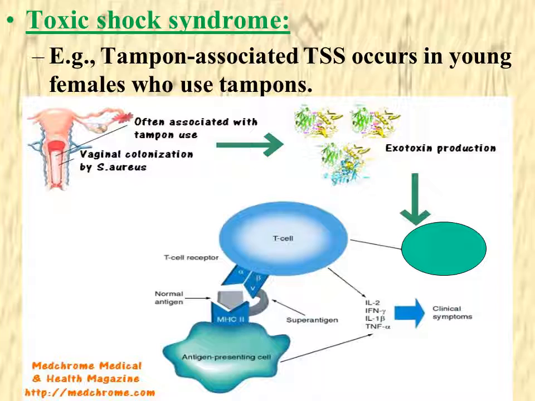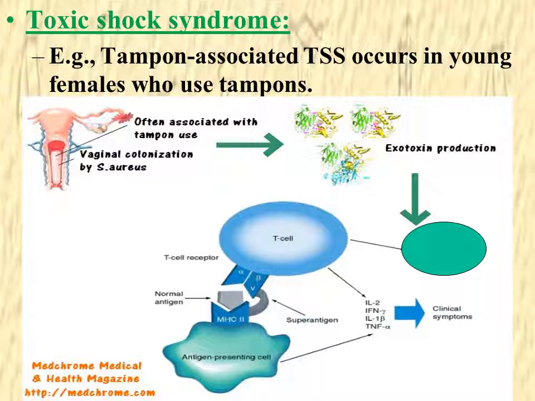As you know, when this bacteria is present, it will shed antigens, and the antigens will be caught by MHC class 2 on the antigen presenting cell to be presented to the T cells through the T cell receptor.